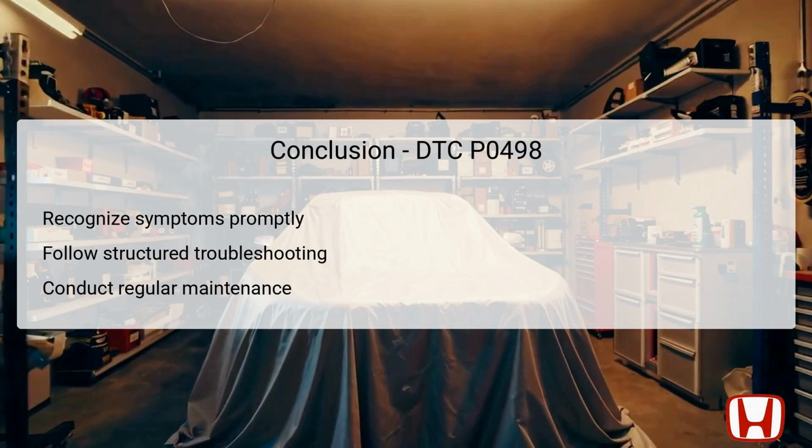In conclusion, addressing DTC P0498 effectively involves recognizing the associated symptoms early, such as the check engine light and potential performance issues. Utilizing a structured troubleshooting guide allows for easy identification of the cause, whether it is related to the wiring, the vent shut valve itself, or the ECM.